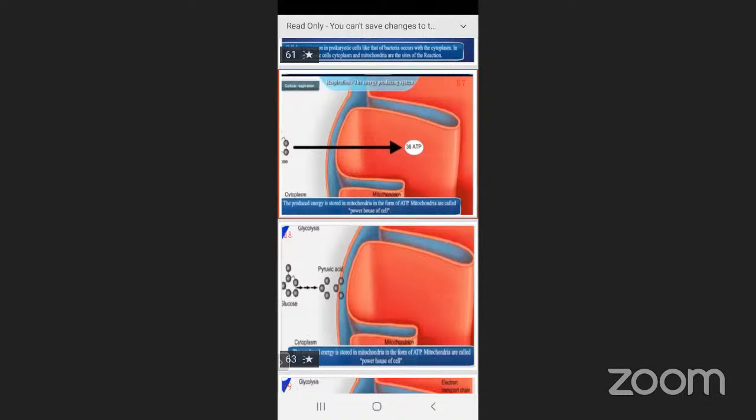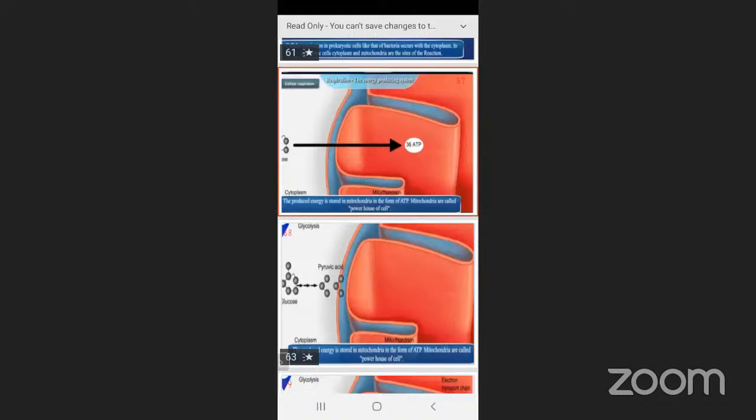ATP: adenosine, tri, phosphate, adenosine triphosphate.